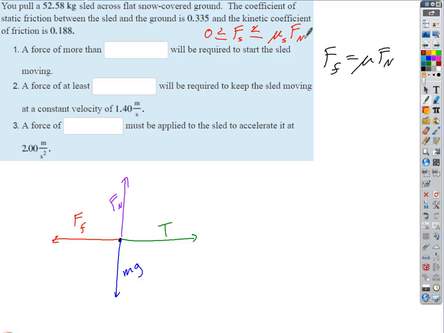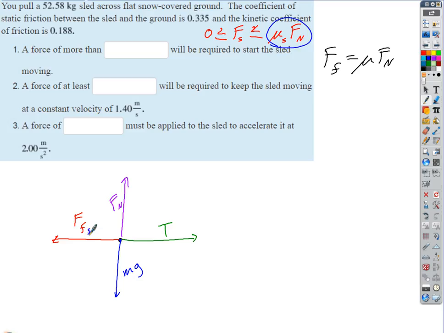So for me to break this thing loose, I've got to provide at least that much force against the static frictional force. That's the most that it can resist me with. Agreed? Okay.